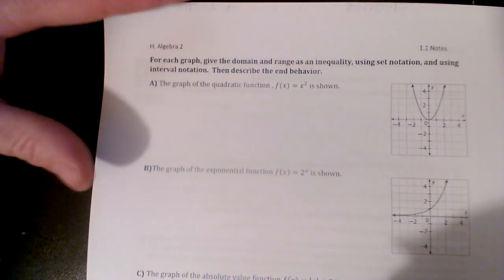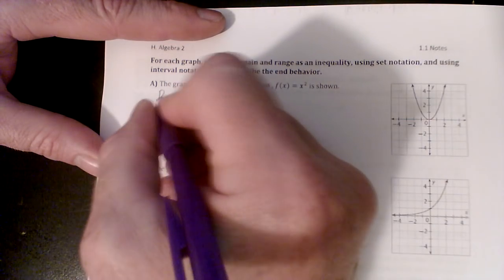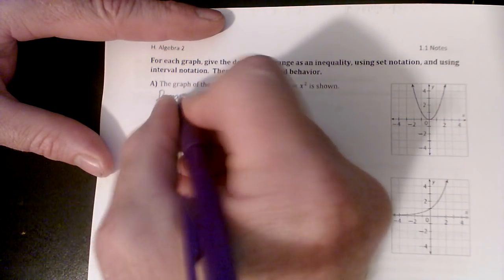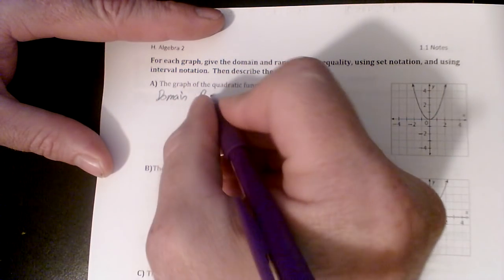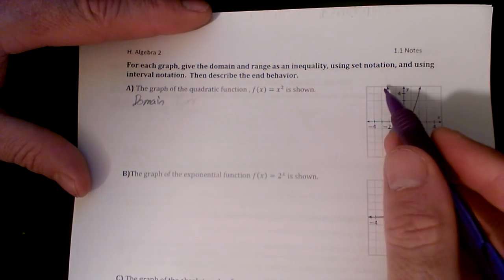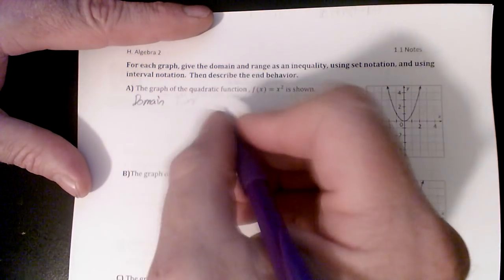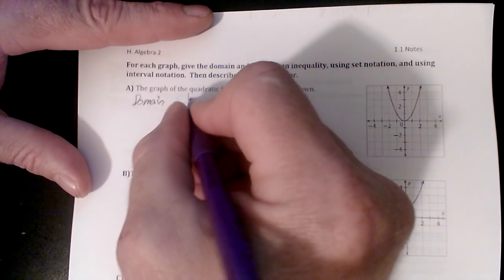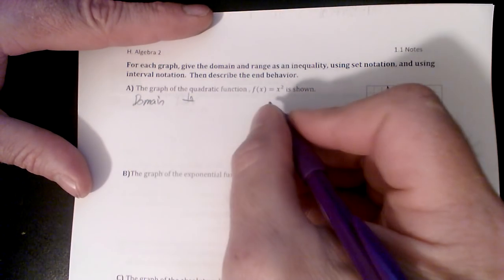So domain and range. Let's just do domain first. So this looks like my graph always goes left and right. For the inequality, I'll just write IN.